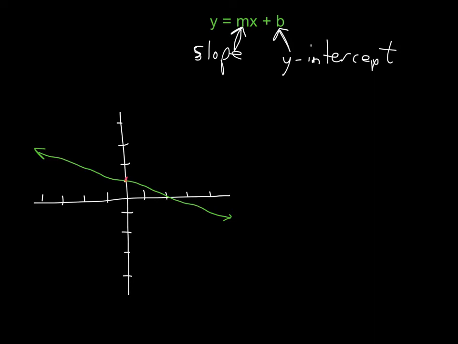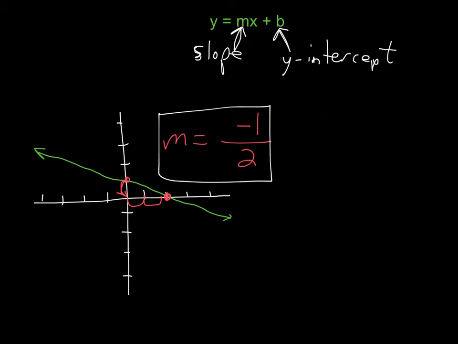We'll pick 2 points and figure out the slope. We have to go down 1 step because this line is going downhill. So down 1 step to go over 2. So our slope is just negative 1/2. We can't simplify that anymore.